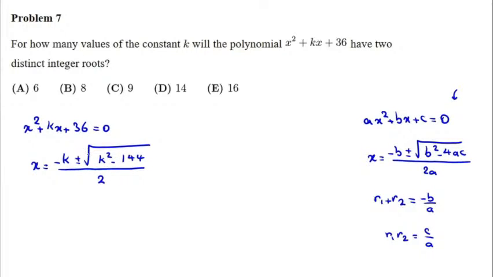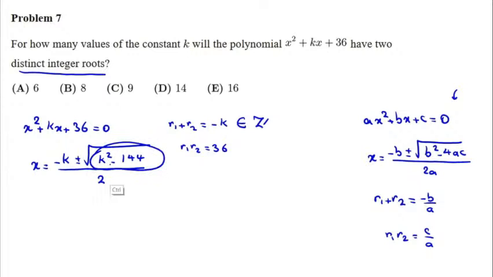Now, the first thing, let me tell you. Here, the sum of the roots r1 plus r2 will be negative b over a, which is negative k, and the product r1 r2 is 36. Because the roots are integers and it says we have two distinct integer roots, r1 plus r2 is an integer, so k has to be an integer. Now, k is an integer.